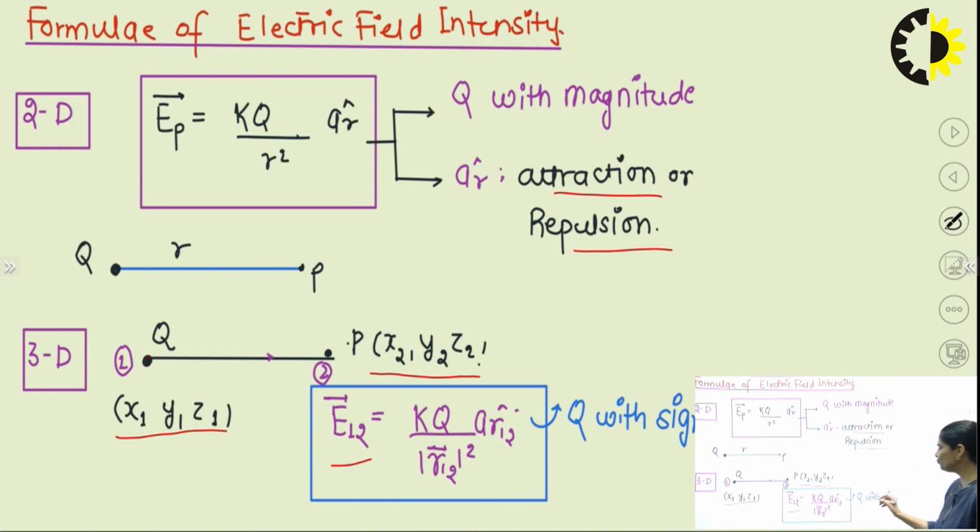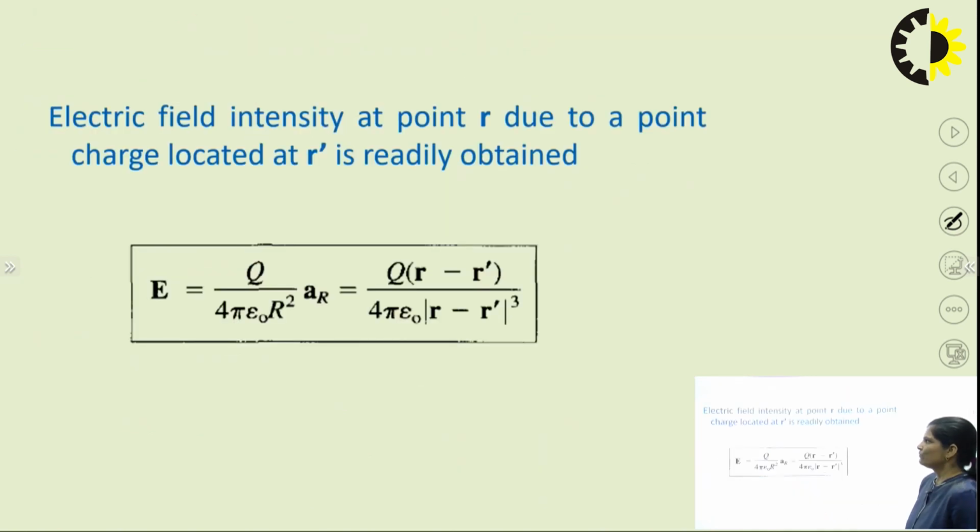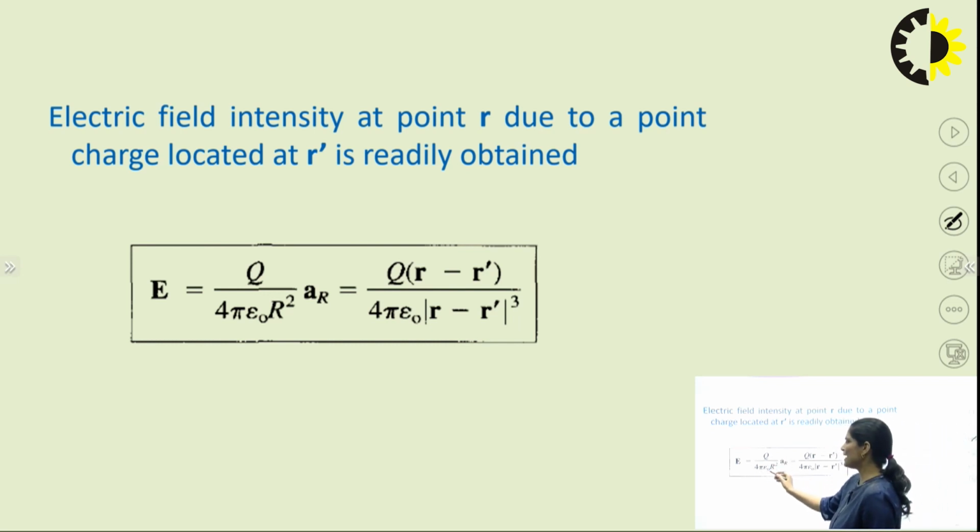So here Q with sign, you have to write down here Q with sign. Now electric field intensity at point R due to a point charge located at R dash is readily obtained. Now here E is equal to Q upon 4 pi epsilon naught unit vector of R upon R square.